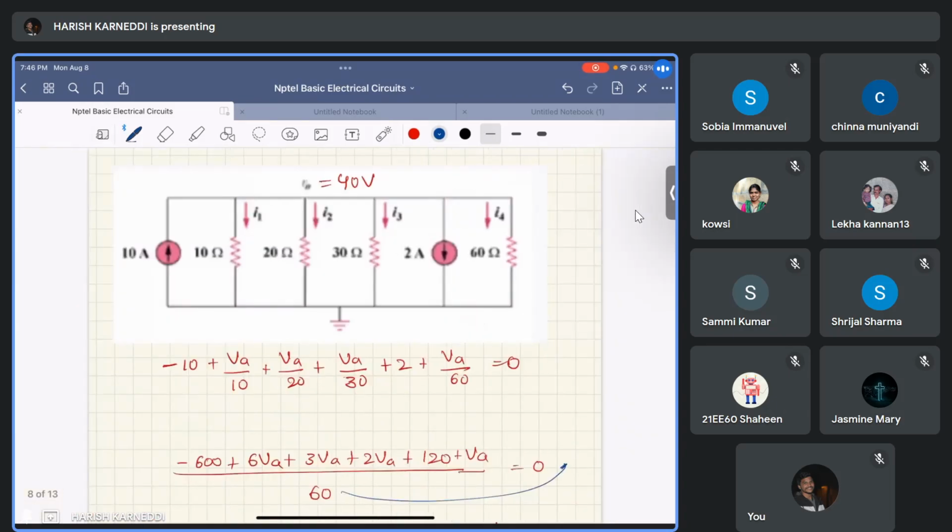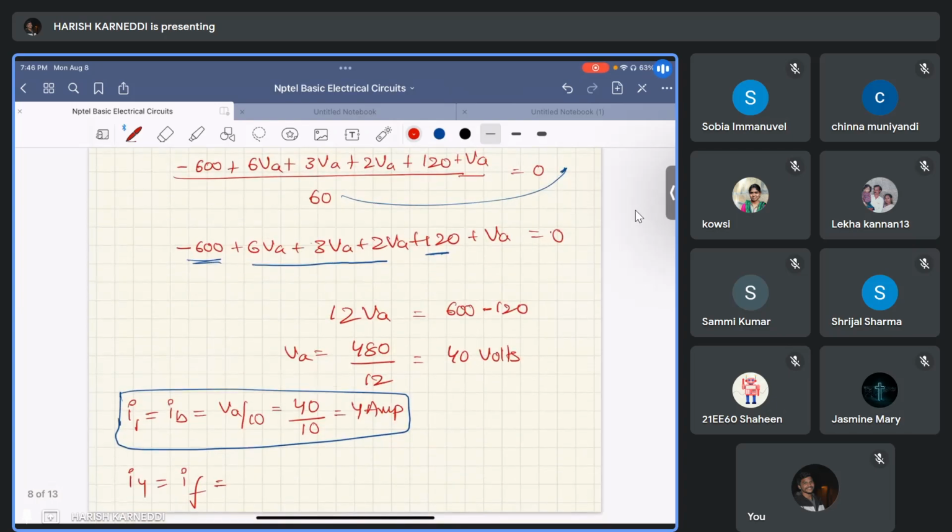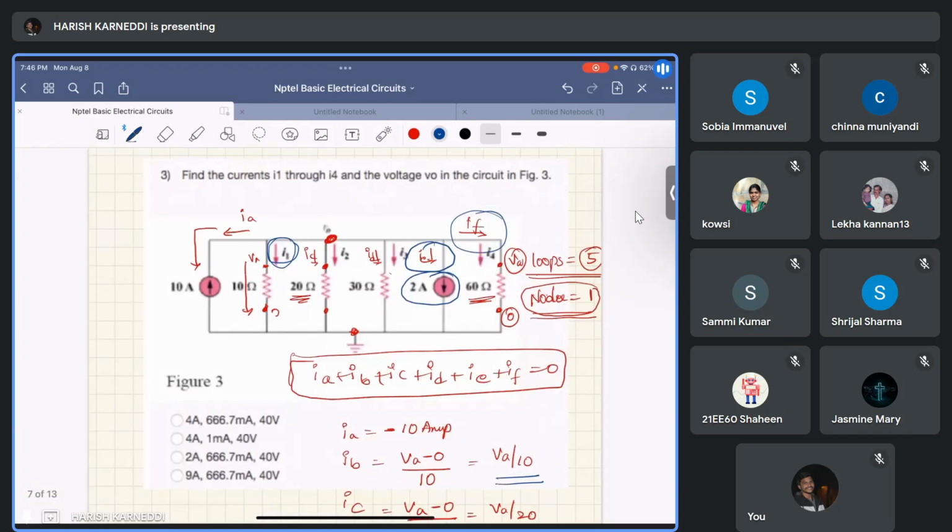So IF equal to VA by 60, where VA equal to 40, so 40 by 60, that equals 0.667 amperes. Okay, IF equal to 0.666 amperes.